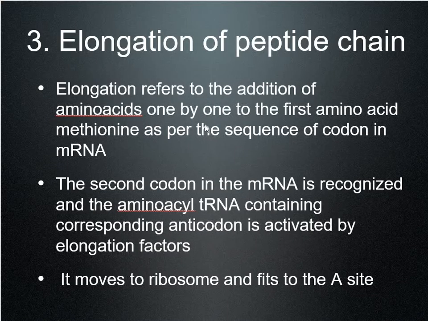Once the ribosomal complex and the tRNA complex combine, and the larger subunit unites with the smaller subunit, the ribosome is ready for chain elongation. Elongation refers to the addition of amino acids one by one sequentially, with peptide bonds formed sequentially. But the first amino acid will be methionine.